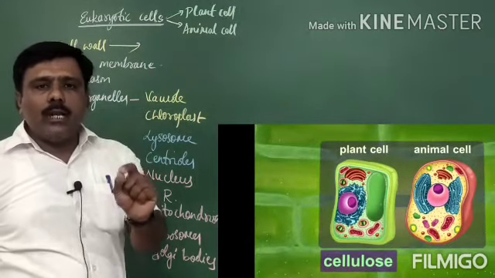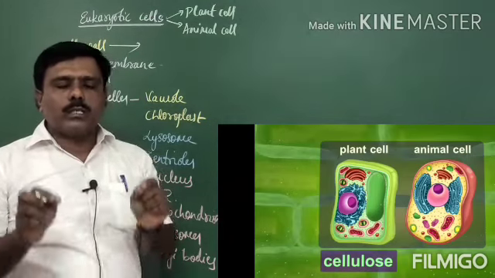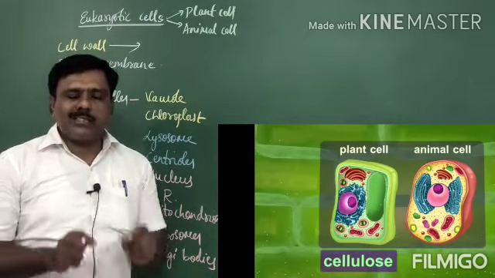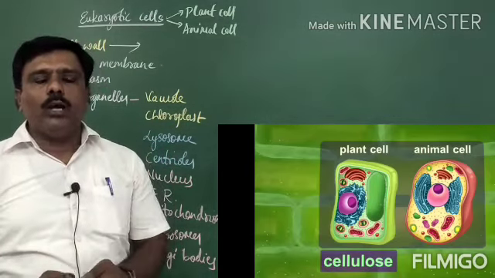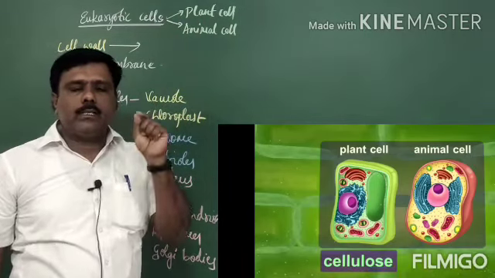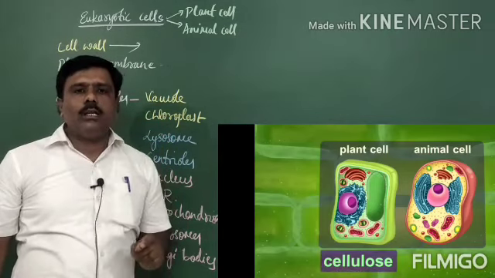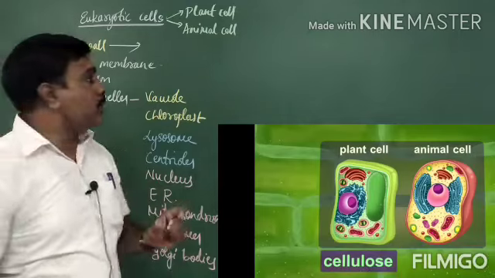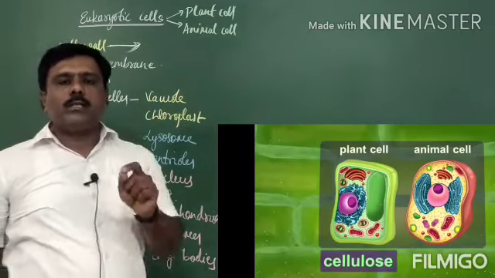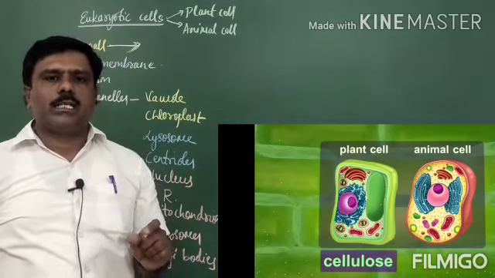This cell wall is a non-living, outermost, rigid, protective structure. It is found only in the plant cell and not at all in the animal cell. The cell wall is highly complex in nature, made up of many chemical substances.